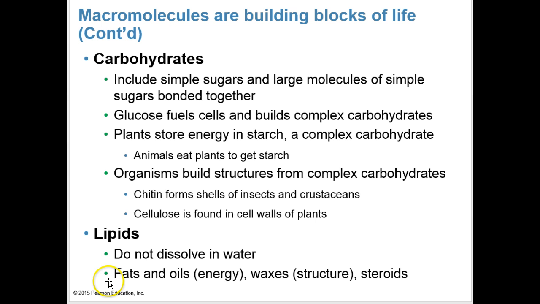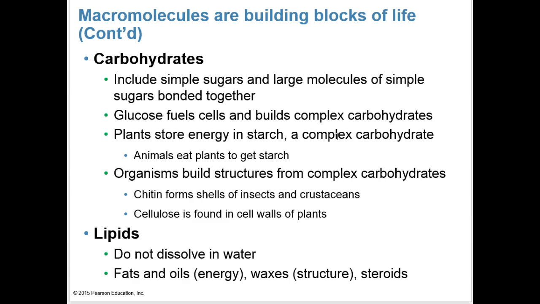The process of digestion helps to break those polymers up. So when you eat starches such as in potatoes, you break that starch down in the process of digestion into its components of glucose, and then you use that glucose to fuel cell respiration and chemical reactions in your body.